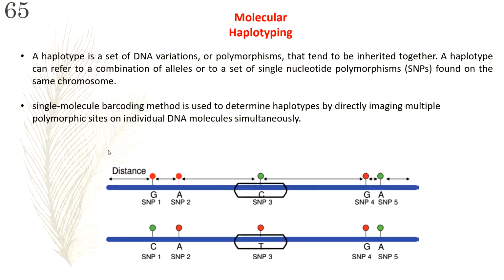Okay, now this single molecule barcoding method is used to determine these haplotypes by directly imaging multiple polymorphic sites on individual DNA molecules simultaneously.